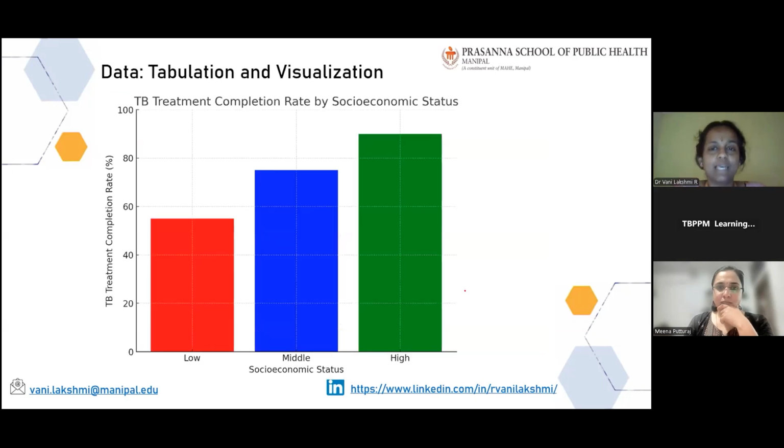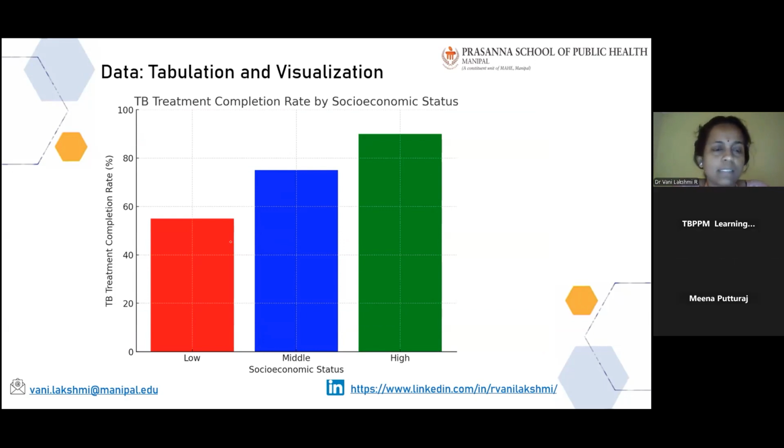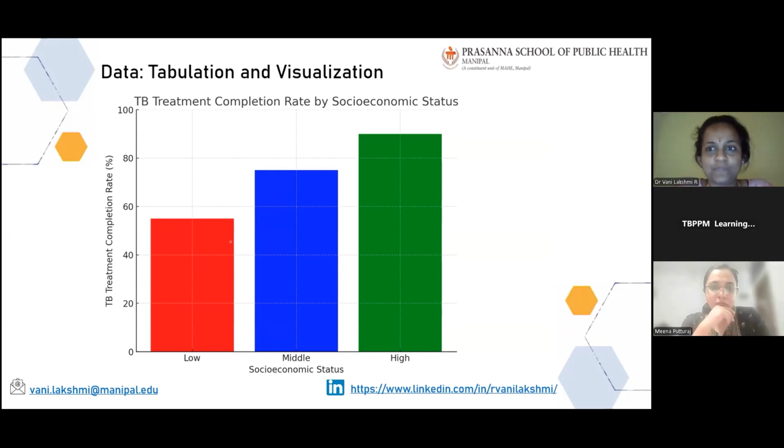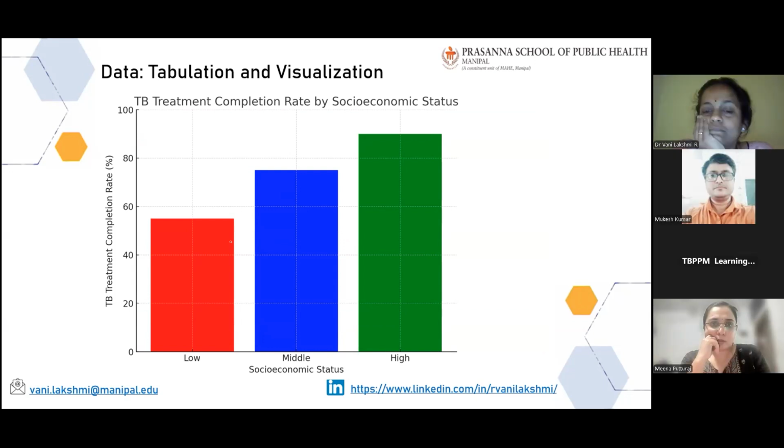Okay. Now, here I have come up with another chart. What is the interpretation for this? All of us are experts in bar charts, that I must say. So, quick interpretation. Ma'am, here you have shown TB treatment completion rate by socioeconomic status.